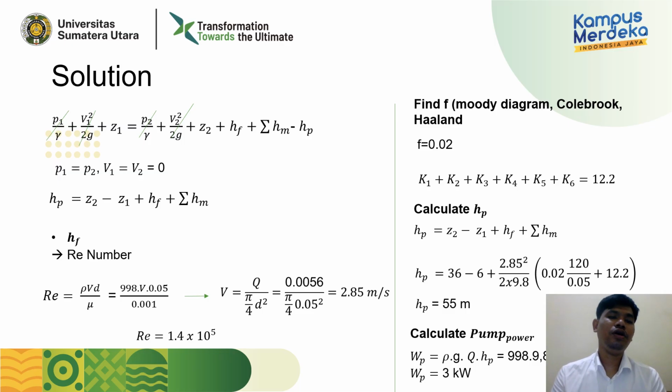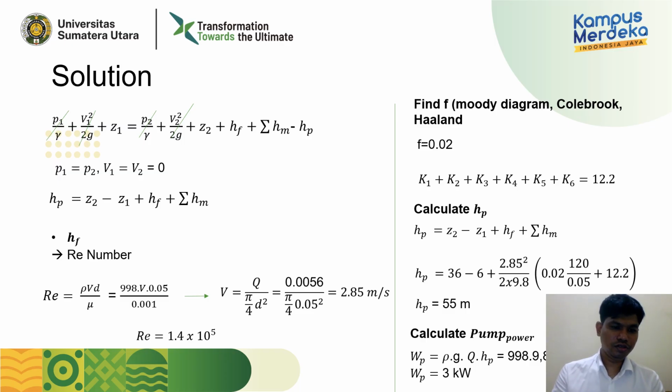We need to calculate the Reynolds number first. Since we don't have the velocity from our case, we need to calculate the velocity first based on these equations, since it is the discharge divided by the area of our pipe. Then we have a velocity of 2.85 meters per second.